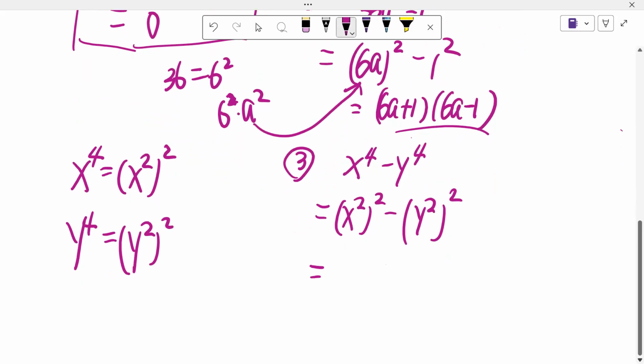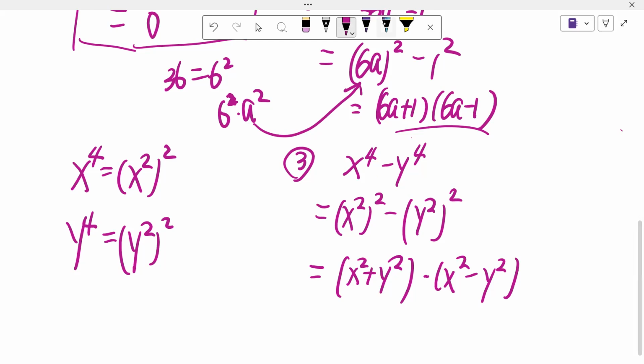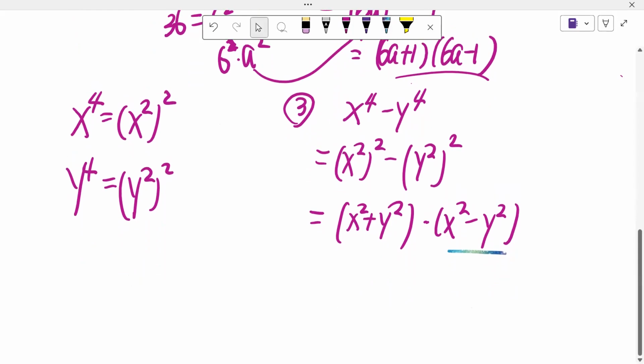Now it's a difference of two squares, so we get x squared plus y squared, x squared minus y squared, a plus b, a minus b. And after that, we still can factor, because this is still a difference of two squares.